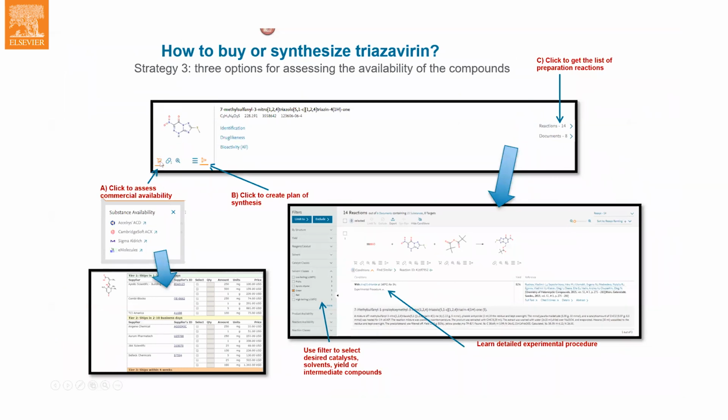As we discussed, this icon will help us to assess commercial availability. With this one, you can create a retrosynthesis plan. And from here, you can go to the information about reactions and preparation of the compound. Here, the experimental procedure is available. If you would like to use a specific solvent or catalyst or have high yield, you can use filters.